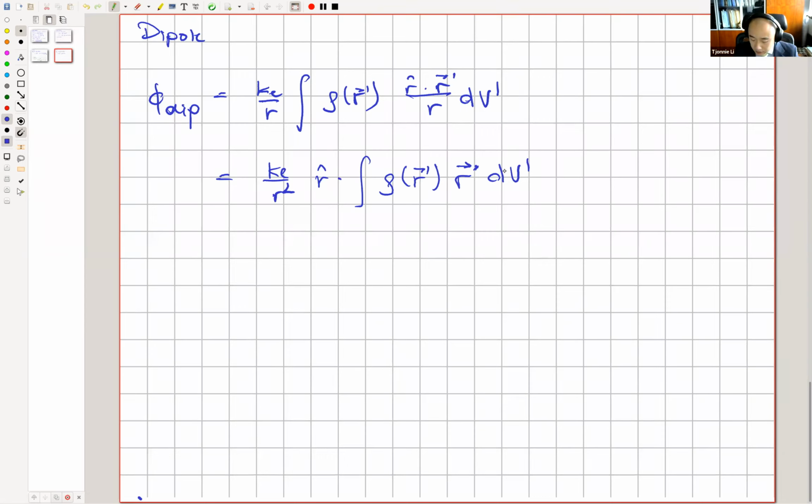And so the whole of this is a vector. I can name this P arrow in such a way that I can now write Ke over R squared P dot R hat.